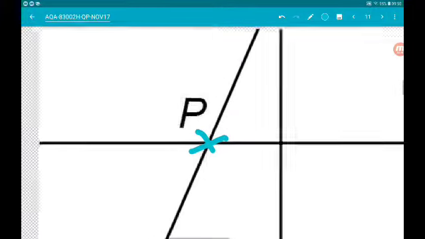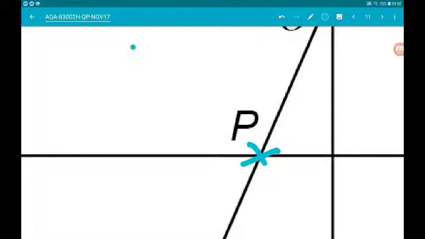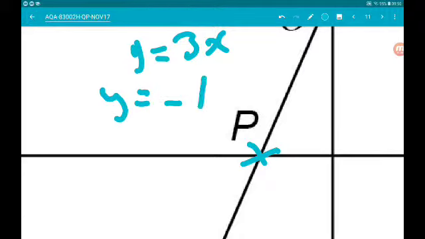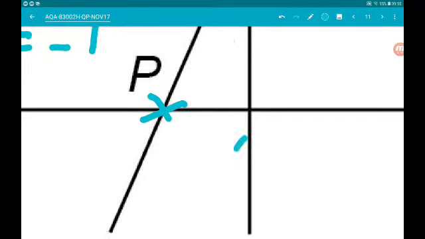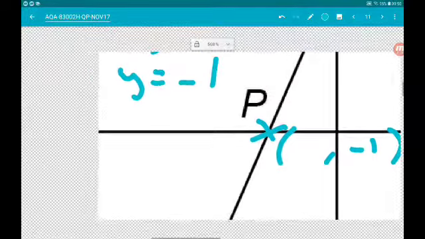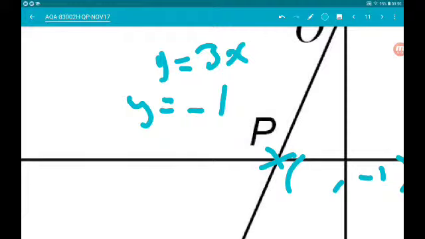So we know that y is equal to 3x. So whatever the x coordinate here is, y is 3 times it. And we also know that y is minus 1. So we know the y coordinate already is minus 1. Now, given that we know that y is minus 1, we can substitute that into y equals 3x.